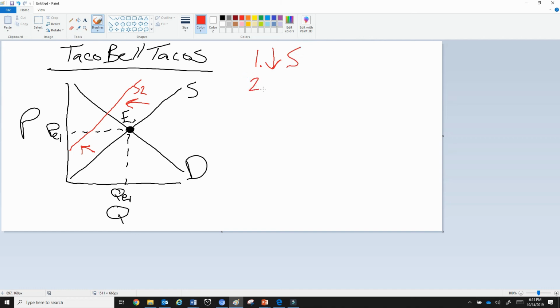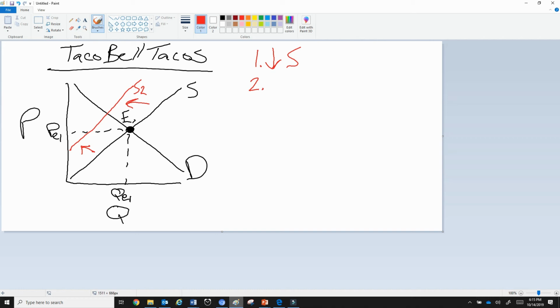The second thing that I want you to do is I want you to tell me which of the determinants of supply this would be. So this would be a great time to go back and look at your notes and try to figure out which of the determinants of supply this would best fit into.